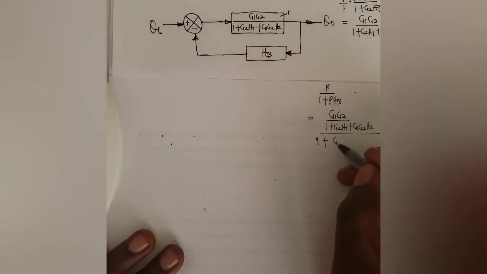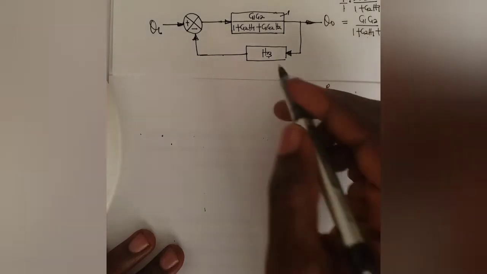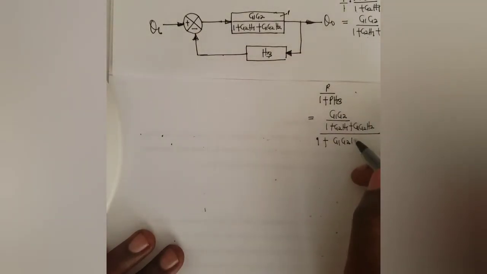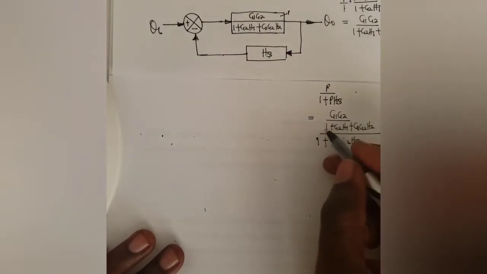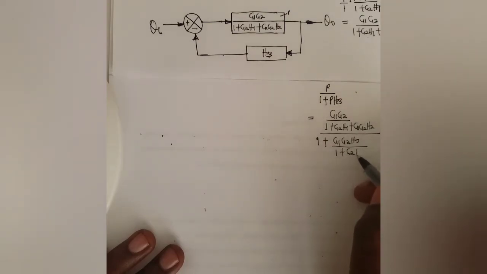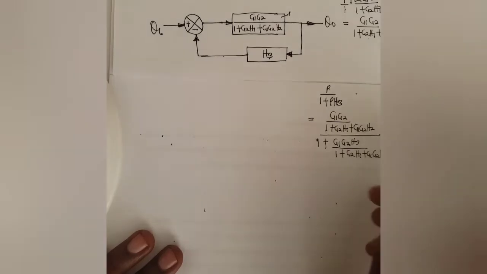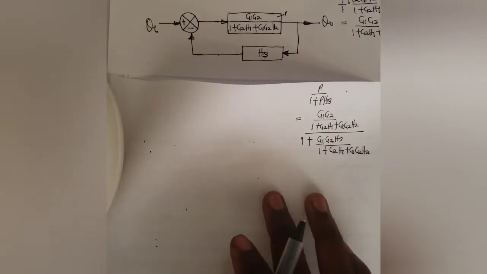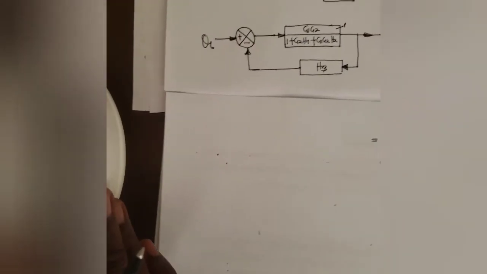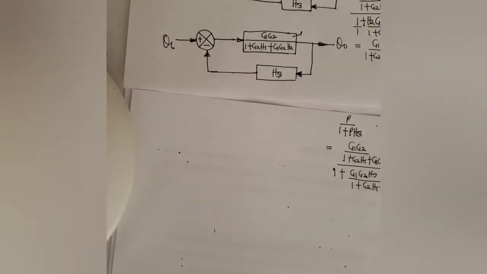P is G1 G2, we multiply this by H3, all over 1 plus G2 H1 plus G1 G2 H2. So this is what I'm going to be having.